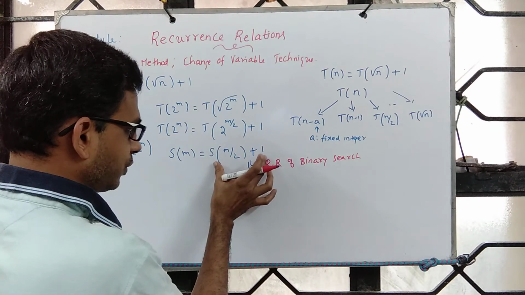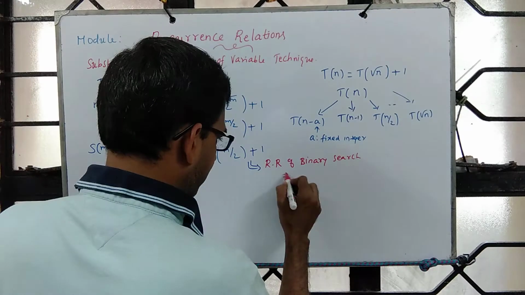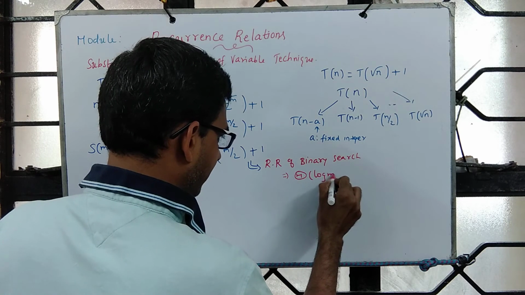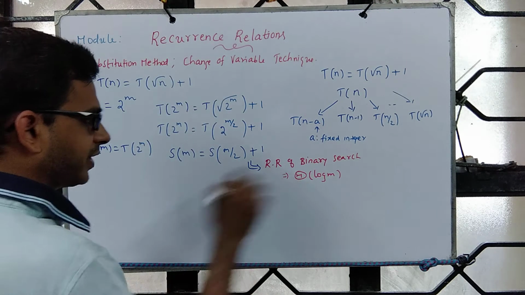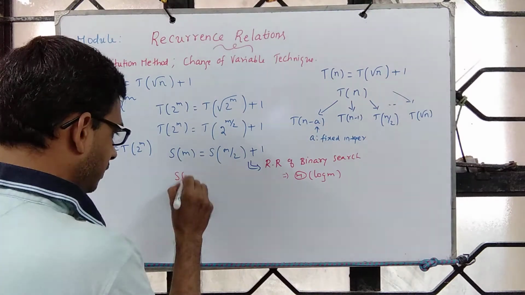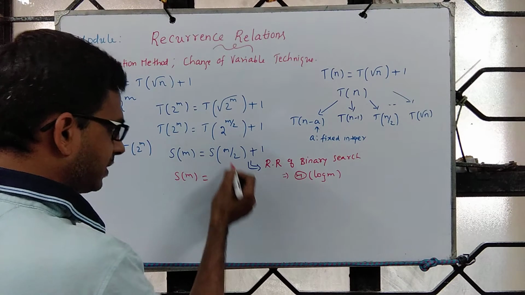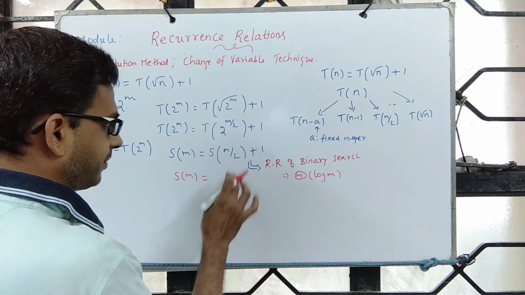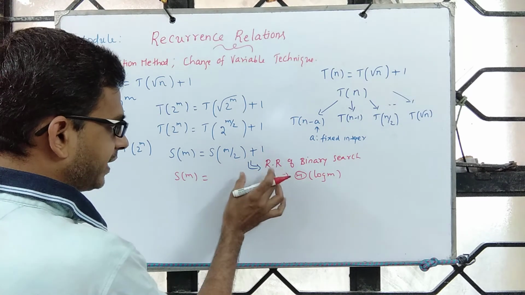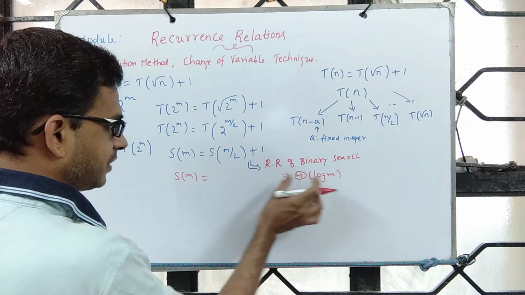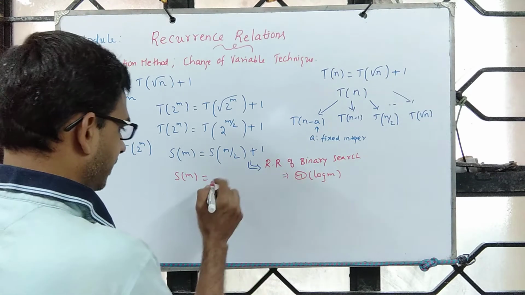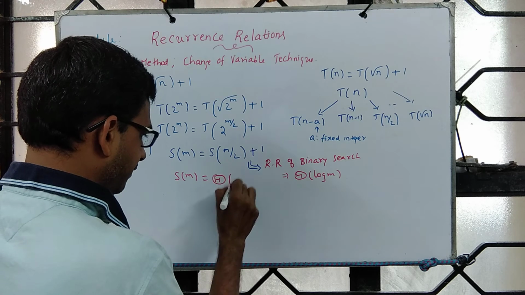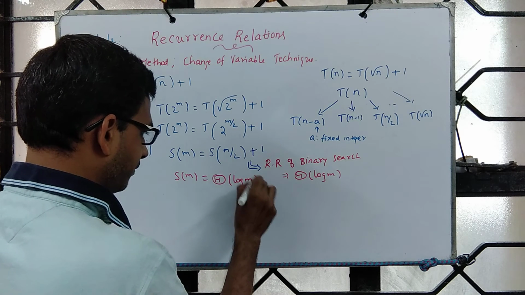So which means solution to this, as we know, is theta of log m, where the variable is m. Or use substitution method: this becomes s of m by 4 plus 1 plus 1, then s of m by 8 plus 1 plus 1. Keep doing it. When we count, you will see there will be theta of log m ones. So solution is theta of log m.